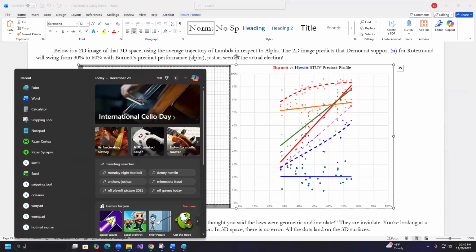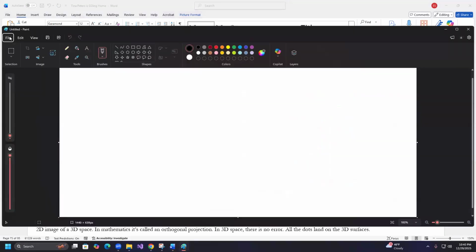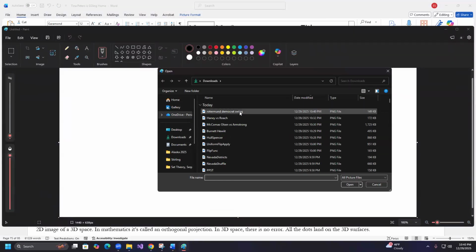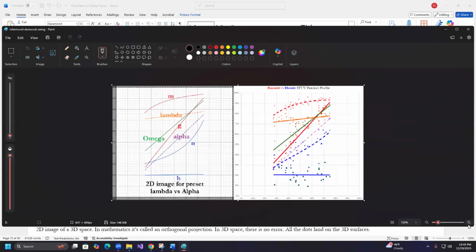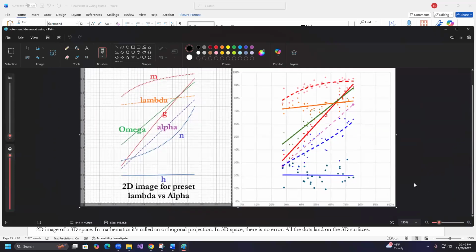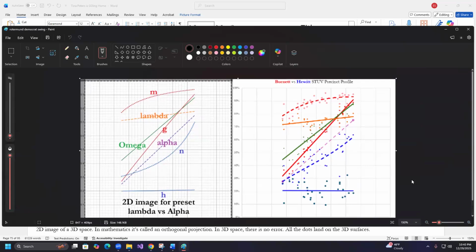But let's do the two-dimensional version first. The end states of the precincts, if we're looking at Burnett versus Hewitt voters, this is the same. You could place Burnett and Hewitt with Haney and Roach, or Hull and Spencer, or whoever.